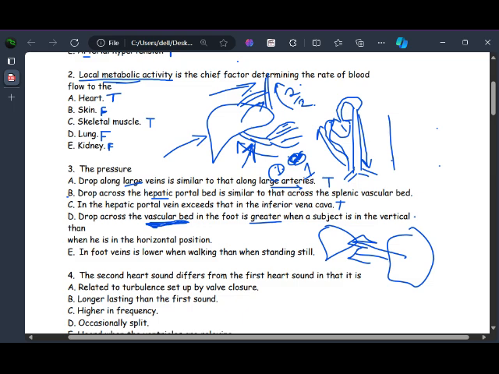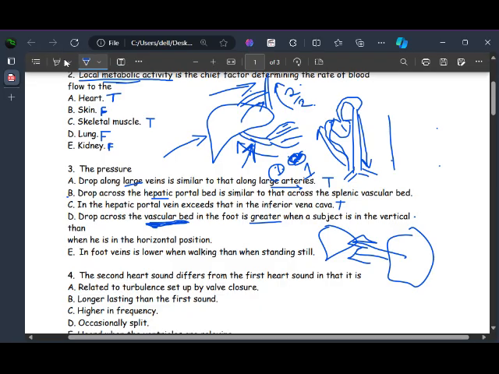Not only the vascular bed in the foot, but the entire arterial and venous blood pressures will be affected. So if there's anything to take away from this particular question, it is that the pressure drop is similar throughout the vessels of the body, no matter the location.